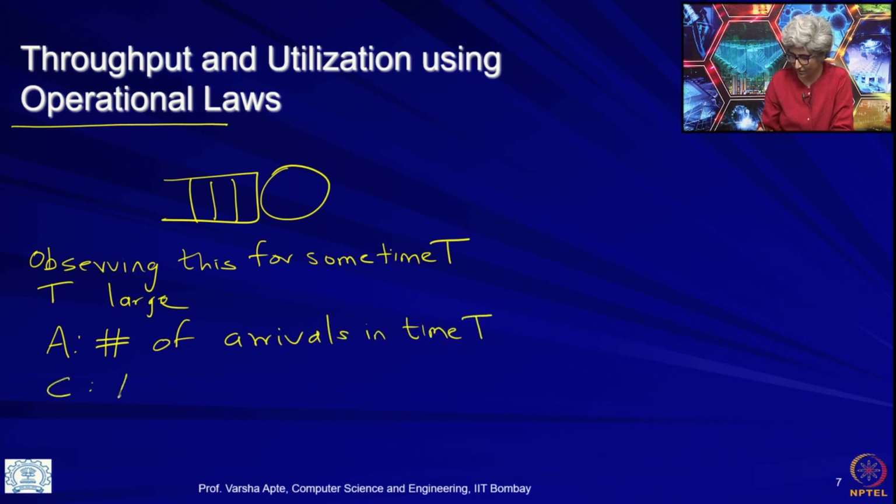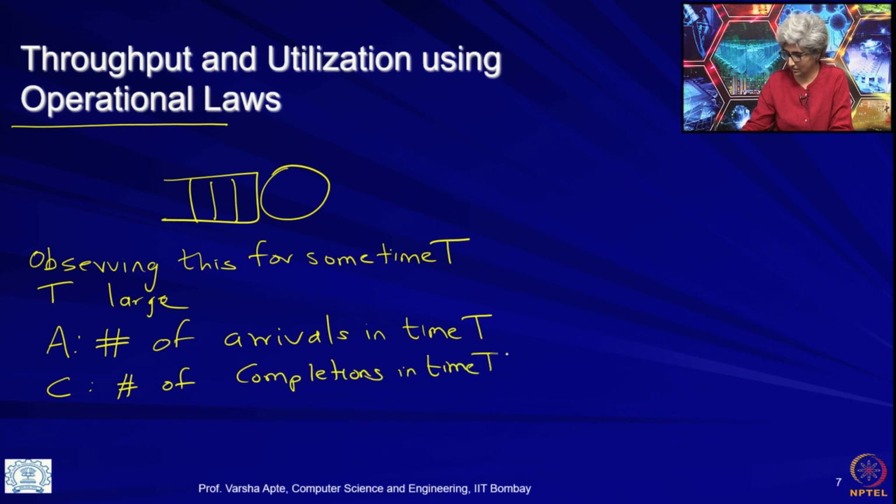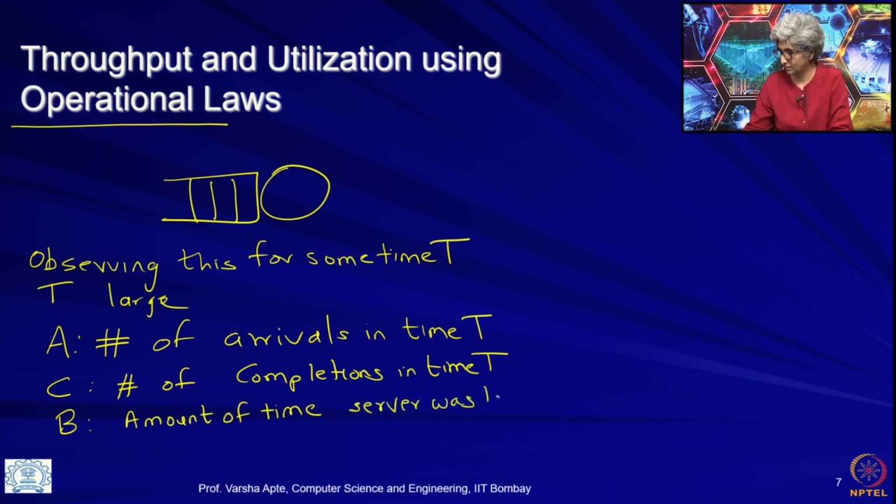Let C be the number of completions in time t, and let B be the amount of time the server was busy, during this time period, during observation time t.